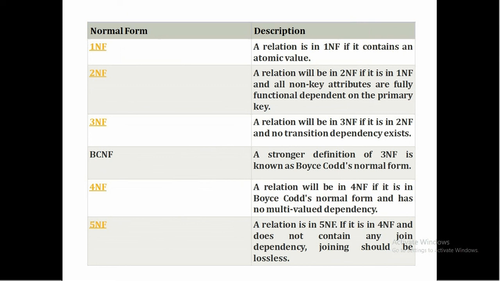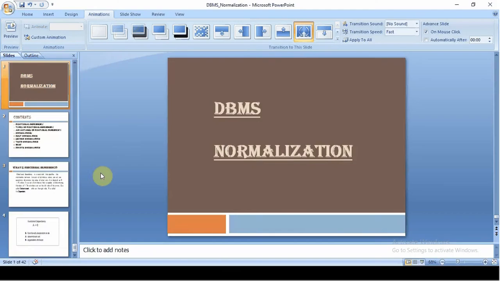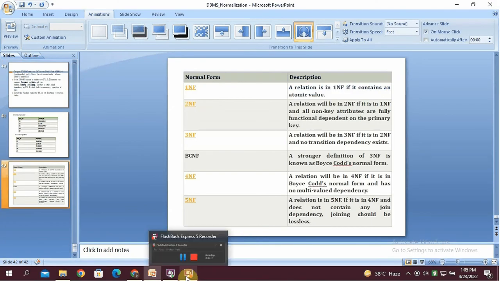BCNF, this is the stronger definition of 3NF, an extension version of 3NF. 4NF, a relation will be in 4NF if it is in BCNF and has no multi-value dependency. 5NF, a relation is in 5NF if it does not contain any join dependency. Joining should be lossless. Thank you.